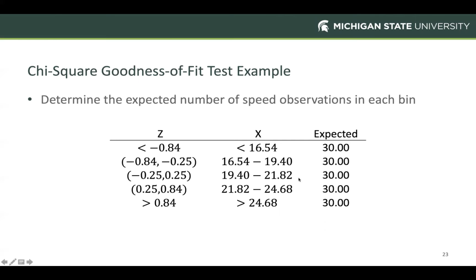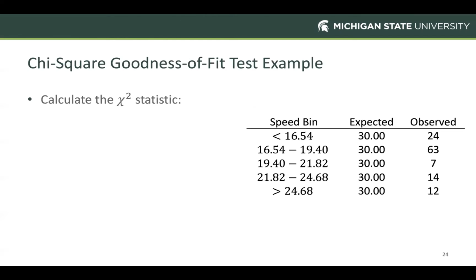We've structured these such that of those 150 observations, 20% would fall within each of these respective bounds. And so our expected values, or our E sub i's, are going to be 30 in each of these cases, okay? From that, we can also overlay our observed number of observations within each of those categories.